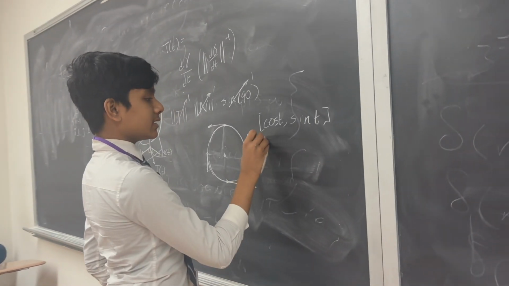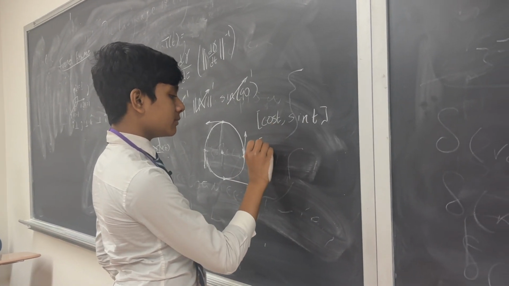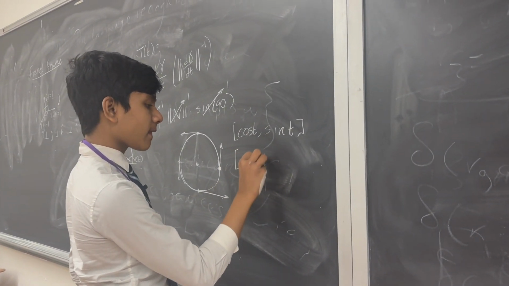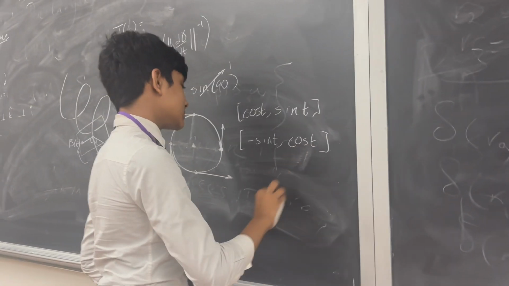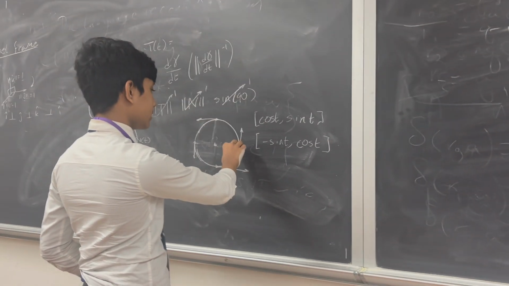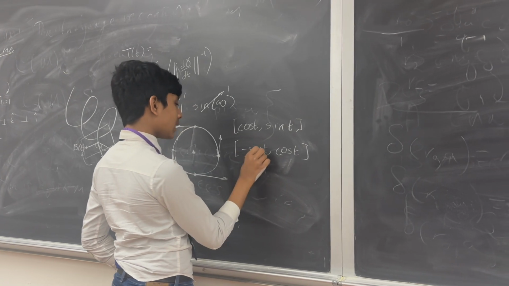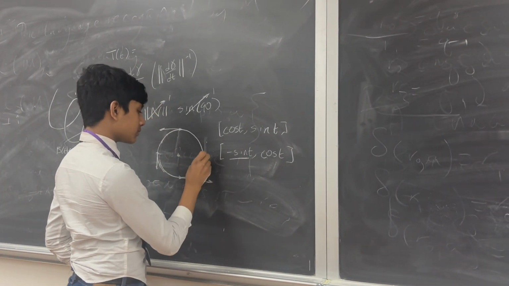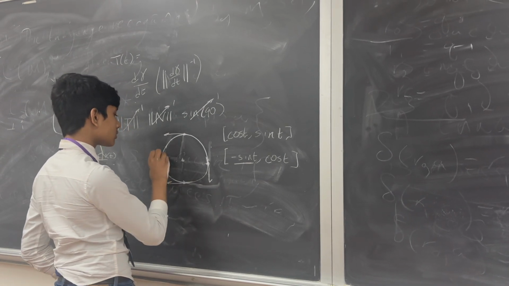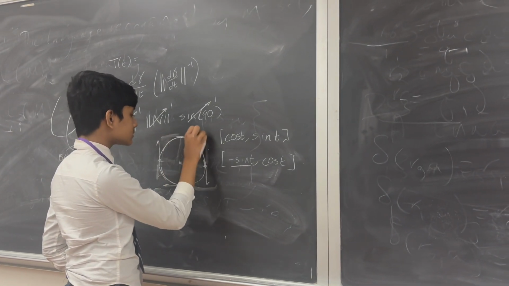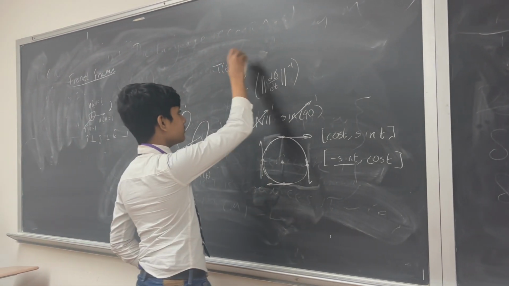So then that means that the derivative, which is the tangent vector, is just going to be minus sine, cosine. Oh, because it actually goes this way. Great. Okay. So that means that it's actually going to point in this direction, and we're going to start tracing out a circle counterclockwise. All right. So that's the unit tangent.